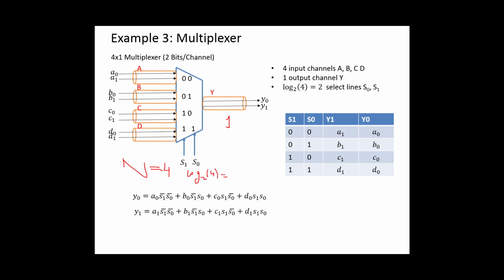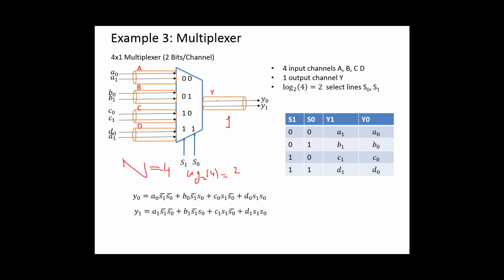So we have two select lines denoted by S0 and S1, and within each channel we have 2 bit lines. In channel A we have bit lines A0, A1. In channel B the bit lines are B0, B1. In channel C the bit lines are C0, C1, and finally in channel D the bit lines are D0, D1.